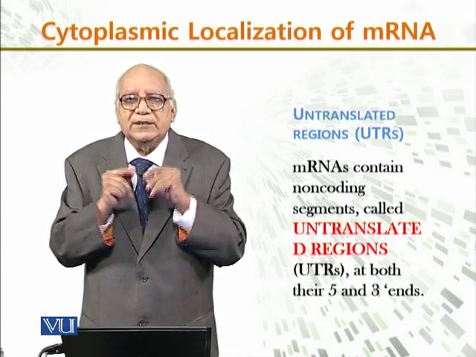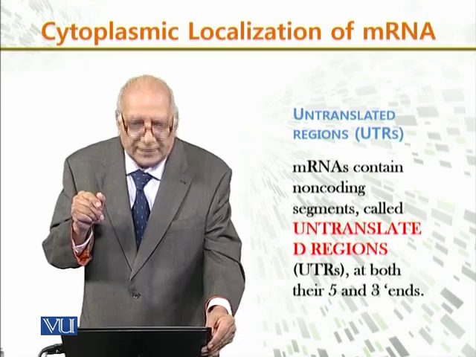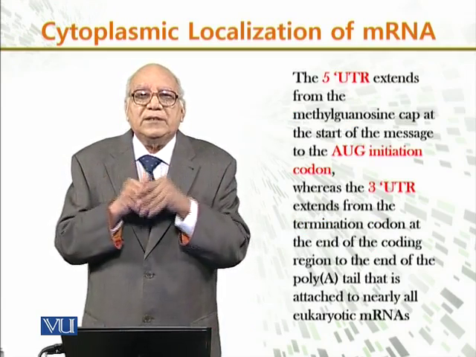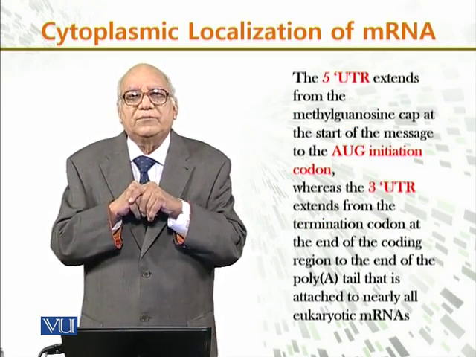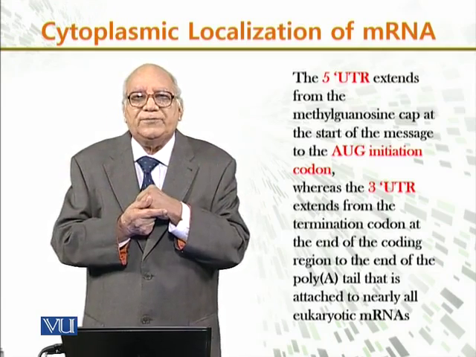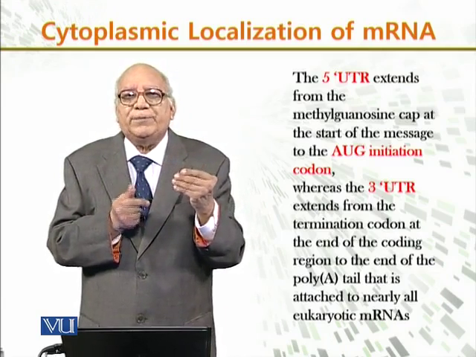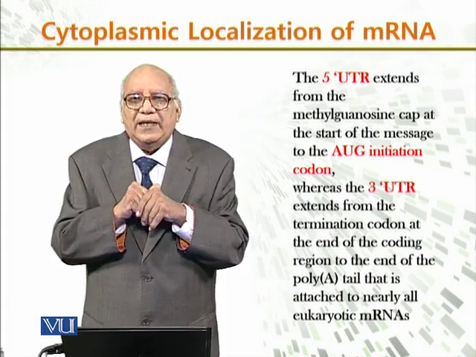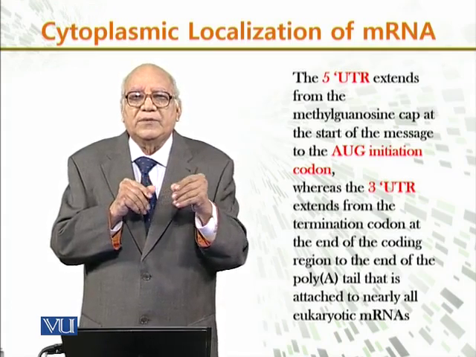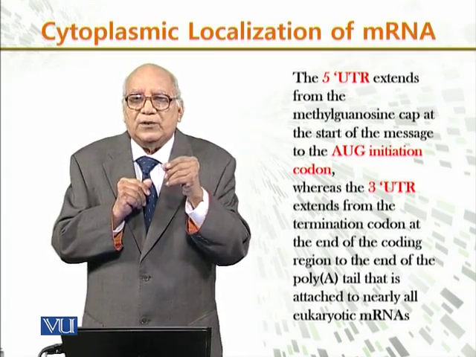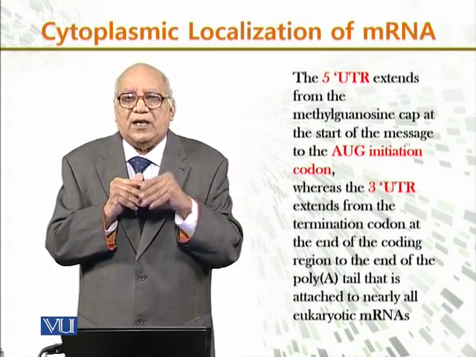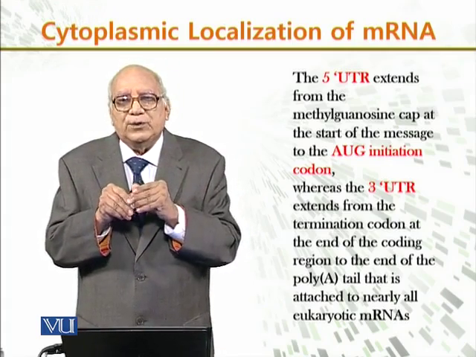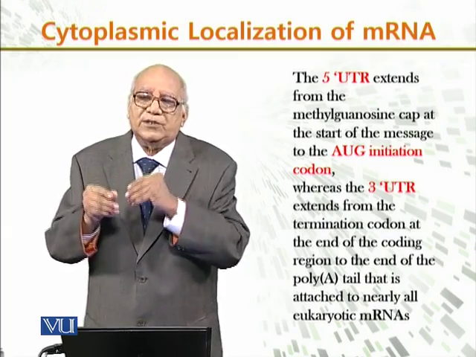There are UTRs present, and the one present at the 5' end we call the 5' UTR, and it extends from the methyl guanosine cap at the start of the messenger to the AUG initiation codon.